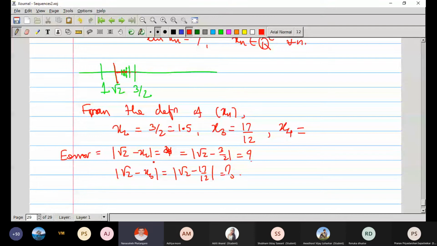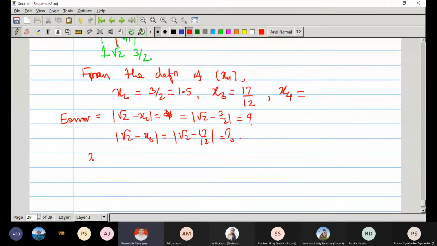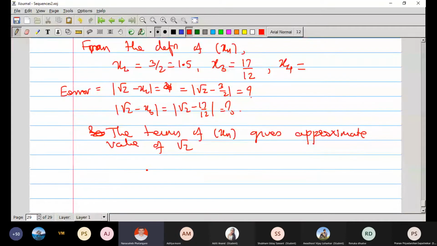That means the terms of xn give approximate values of root 2. So with this sequence, we can approximate the value of root 2, because root 2 is an irrational number and we cannot get its exact value, but we can approximate. And how to get a more accurate approximation, closer to root 2? We go to greater terms.